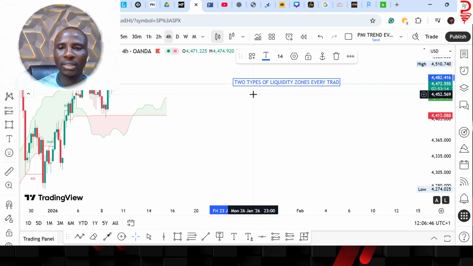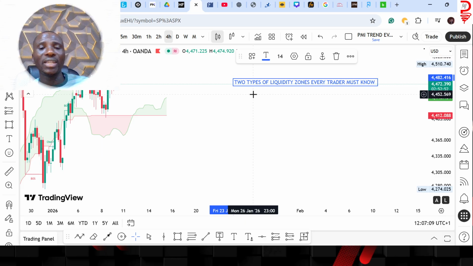every trader must know. It's very important that you pay close attention to this discussion, because this 2026 it will do you well to harness every possible piece of information that can shift the narrative of your trading experience and result.